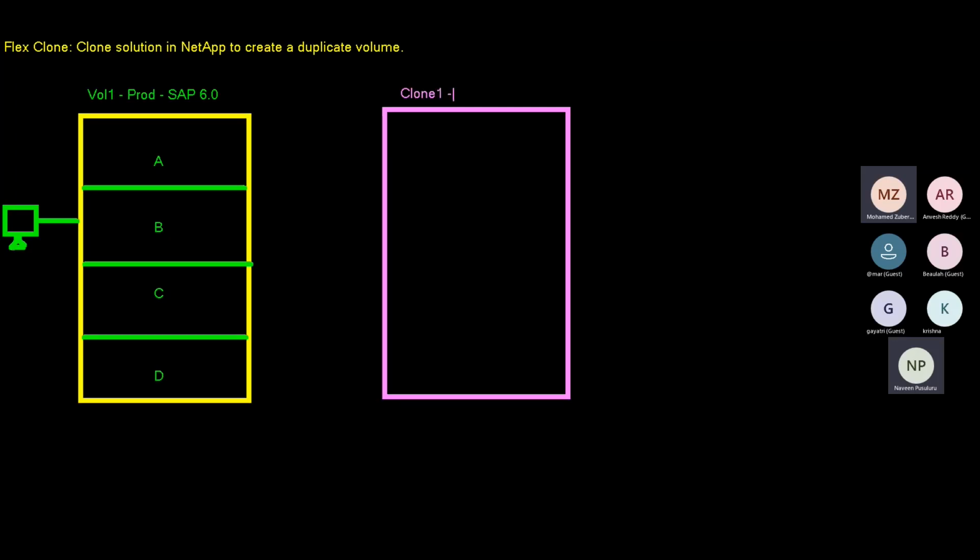Clone 1 is a test environment. This contains SAP 6.0 again, and the same data, so whatever data we have on the production volume, everything will be available on the destination as well.